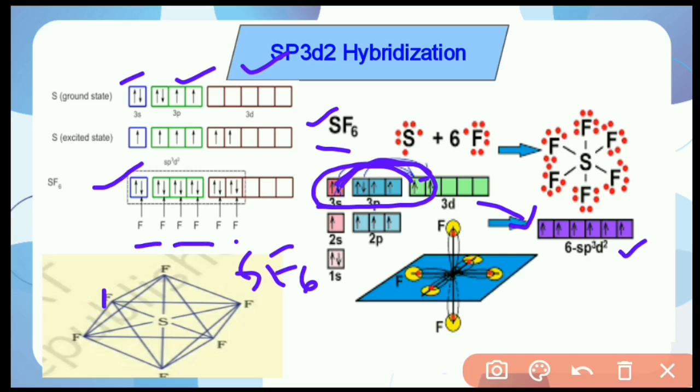Here 4 fluorine atoms are arranged in a plane, this is the central atom sulfur, and 1 fluorine atom is arranged above the plane and 1 fluorine atom below the plane. Here the angle formed is 90 degrees. So in sp3d2 hybridization, the geometry is octahedral and the angle is 90 degrees.